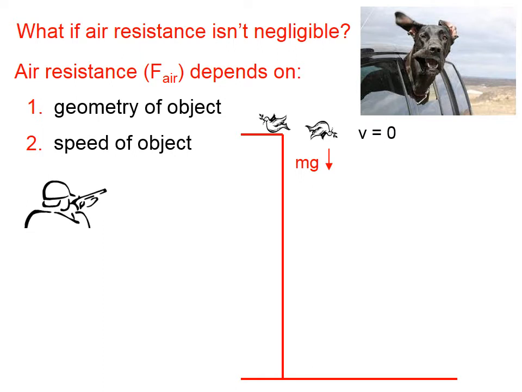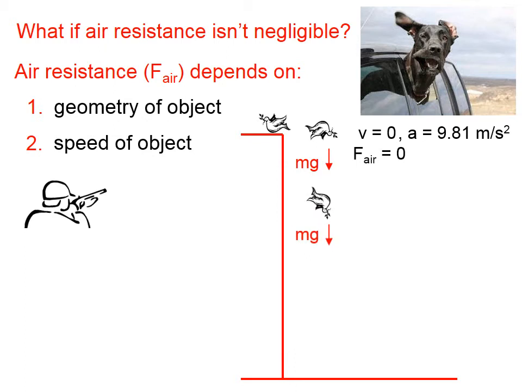If it starts with an initial velocity of 0, then there will be no air resistance on it. An object that isn't moving relative to the air has no air resistance force acting on it. That dove will begin to accelerate at 9.81 meters per second squared.